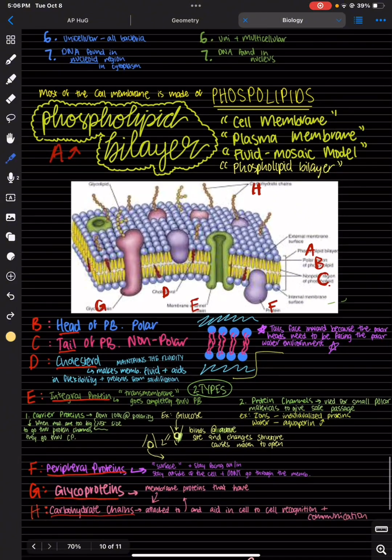So this is what the phospholipid bilayer looks like. I labeled each one, like A, B, C, and you can see each one, so let's go over each one. For A, it's pertaining to this. This is called the phospholipid bilayer.